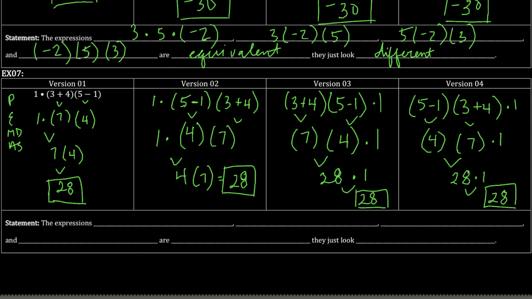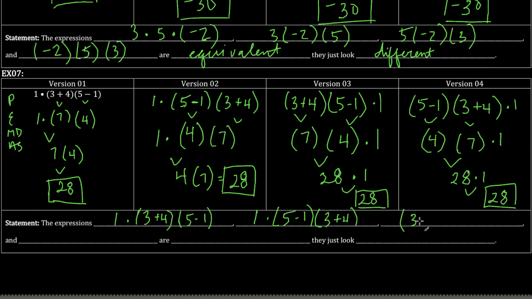So I'm going to write all these expressions, okay? 1 times 3 plus 4 times 5 minus 1. And 1 times 5 minus 1 times 3 plus 4.